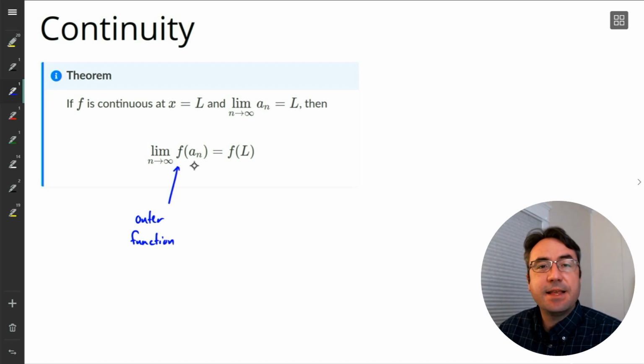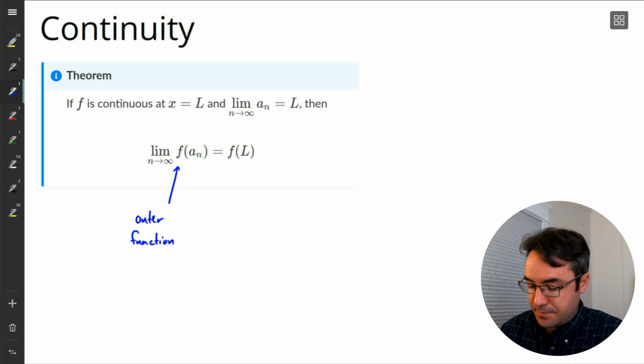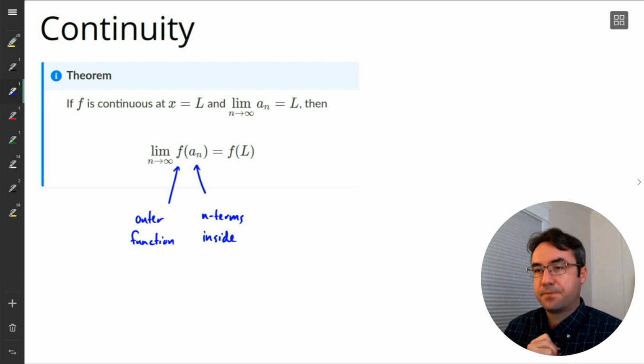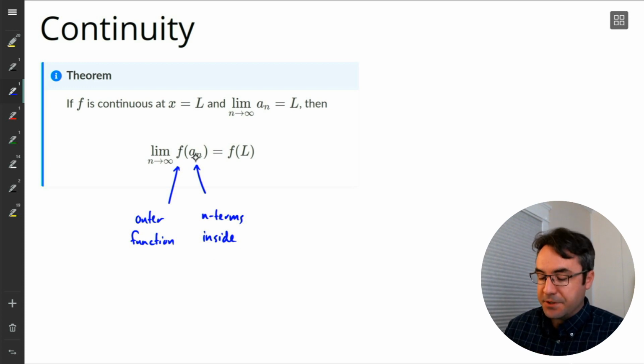And then inside that outer function, this is where we're going to see our n terms. All right, so we have this new sequence.